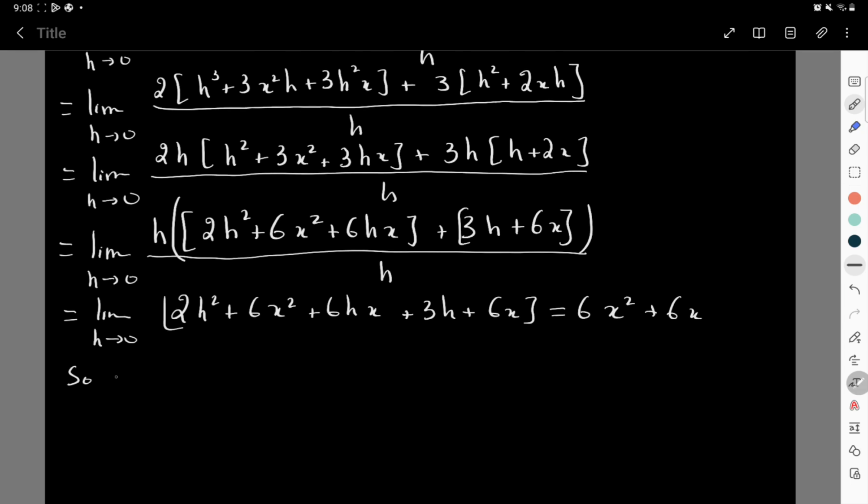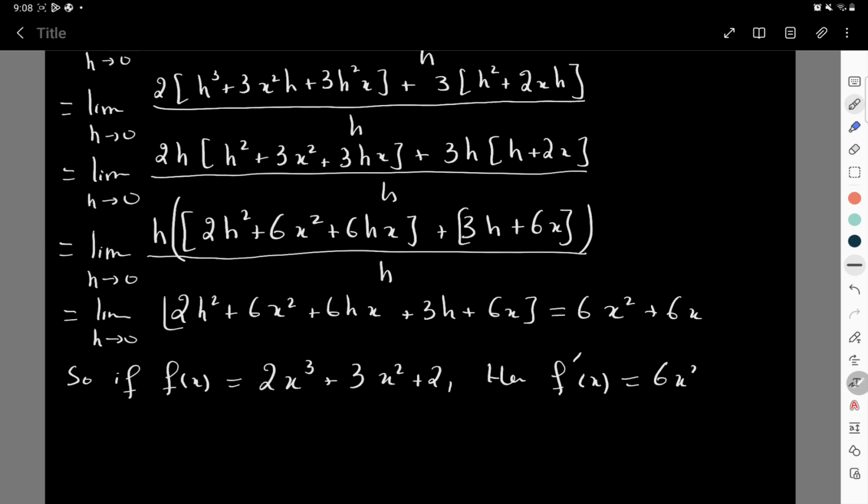So if f of x is equal to x cubed plus 3x squared plus 2, then f prime of x is equal to 6x squared plus 6x for all x in R, right?